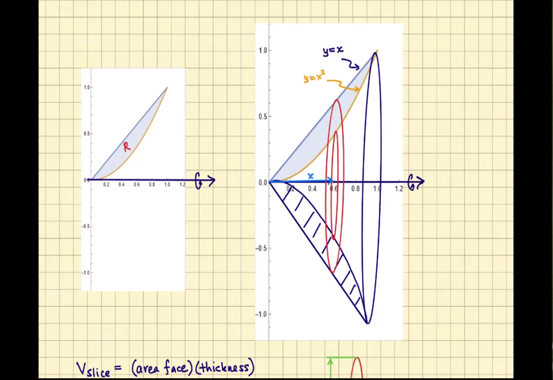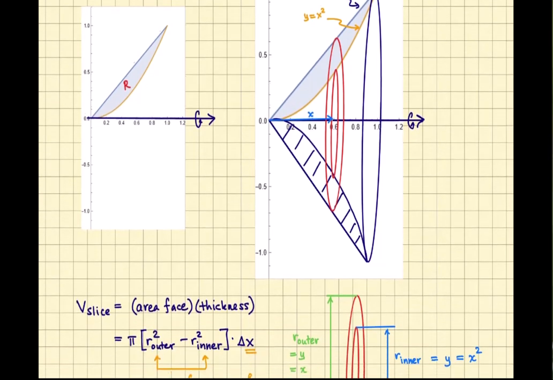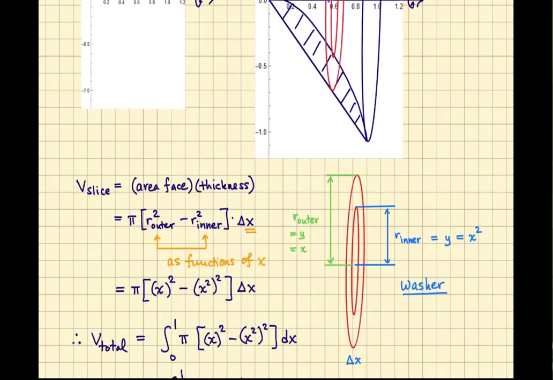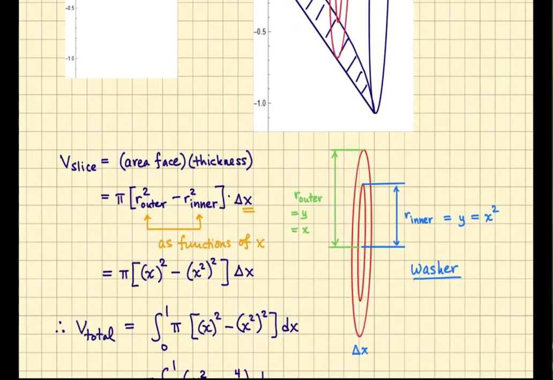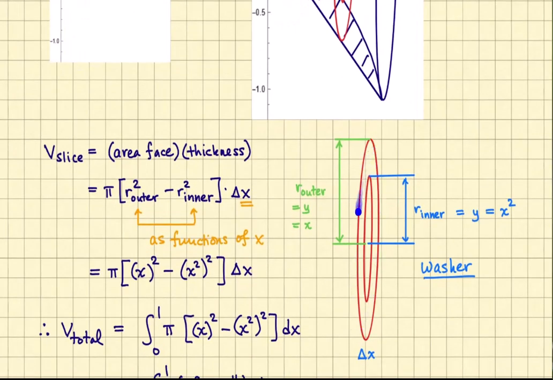Okay? So we need to find the volume of the slice. When we look at this very thin washer instead of a disc, a washer because it has a hole in it, the way that we can find the volume of this slice is we want to find the area of the face times the thickness. Well, the thickness is delta x.